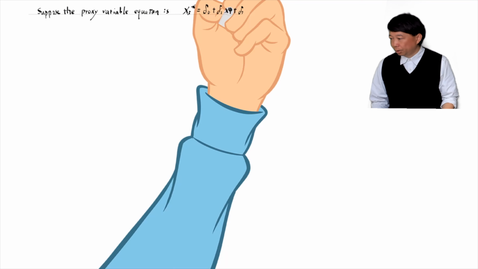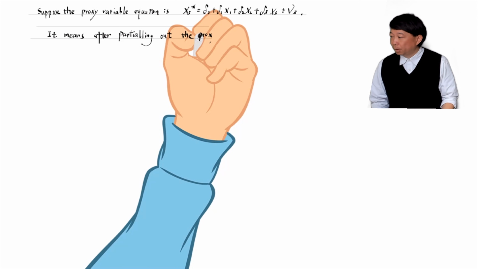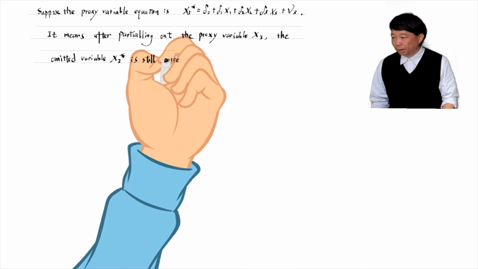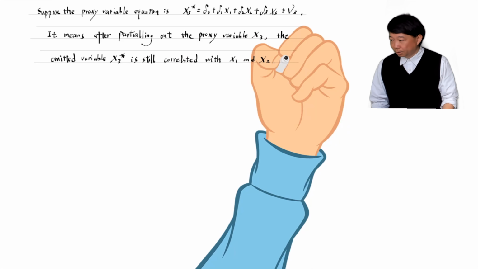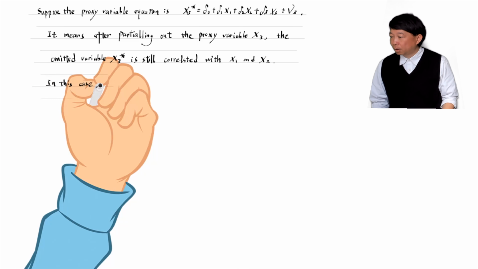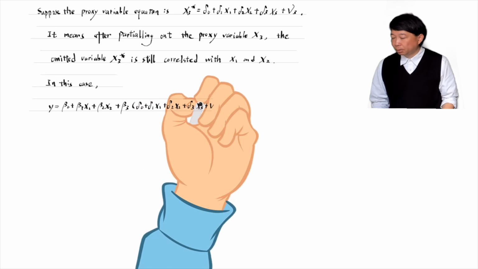In this situation, x3 is not a perfect proxy variable for x3 star. We can show that using the proxy variable method cannot eliminate the omitted variable bias. The OLS estimators alpha 1 hat and alpha 2 hat in the estimated model will be biased and inconsistent for the population parameters beta 1 and beta 2.